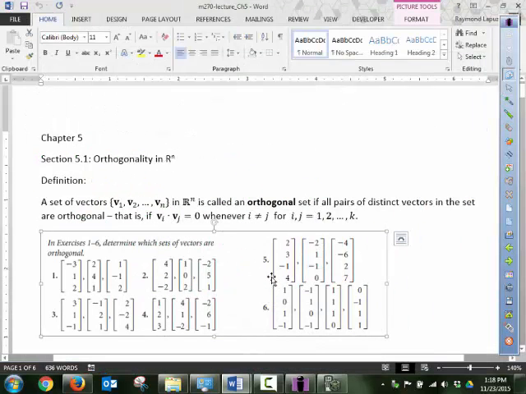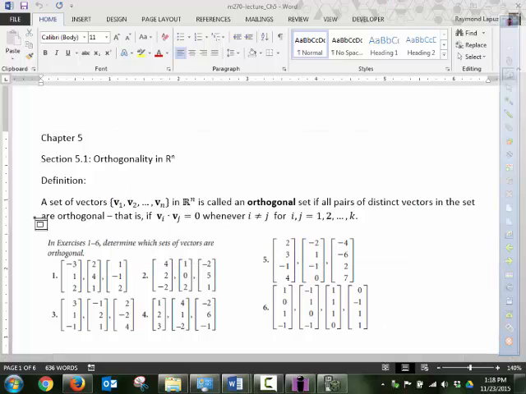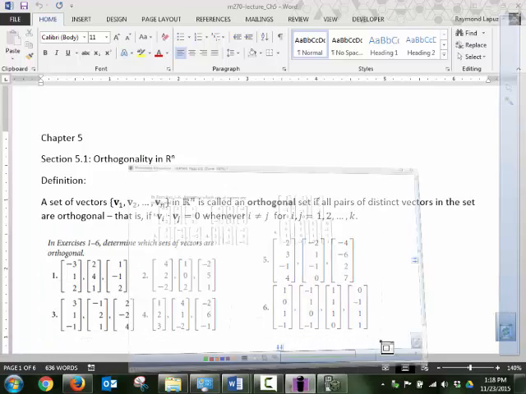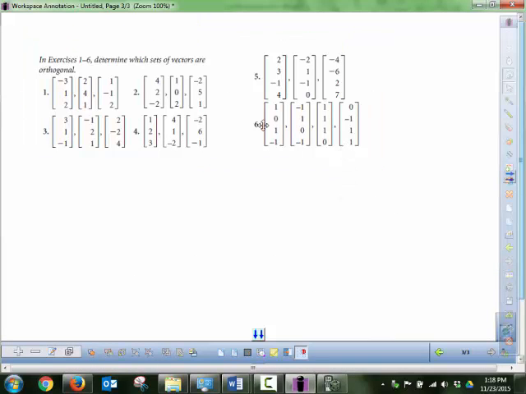Let's take some of these problems and determine whether the sets of vectors are orthogonal. So let's do, I don't know which one. They all have 3 except for the last one that has 4, which means we'll have to do 8 checks.